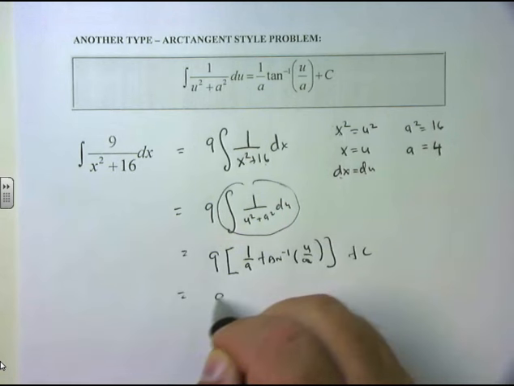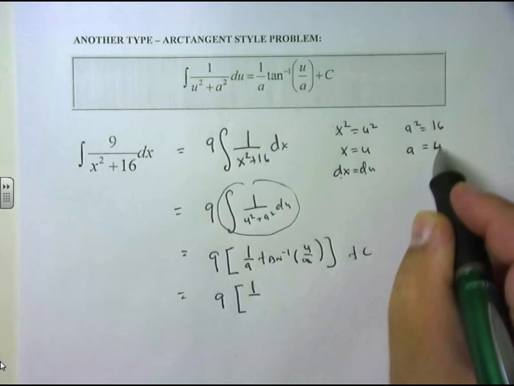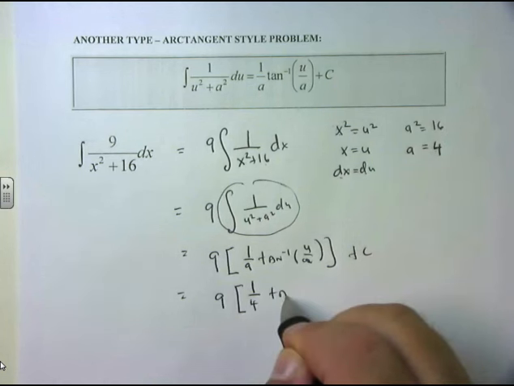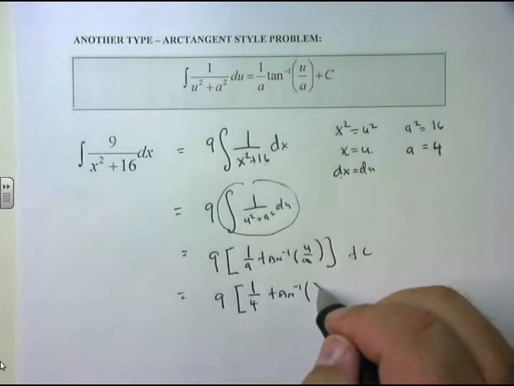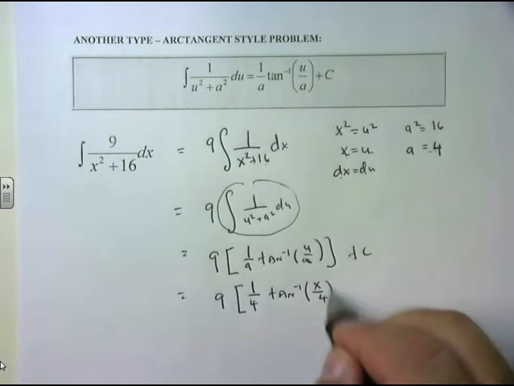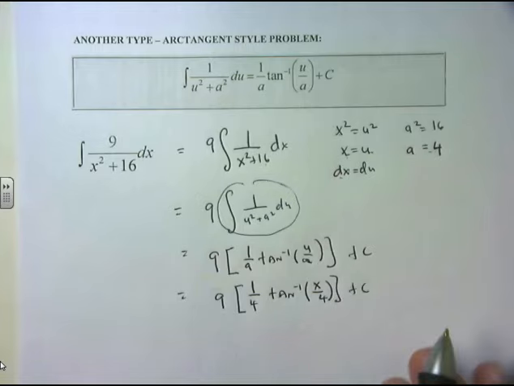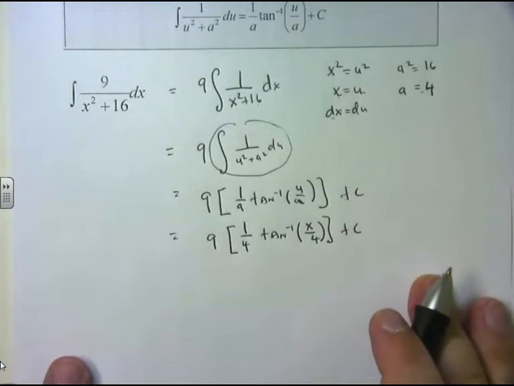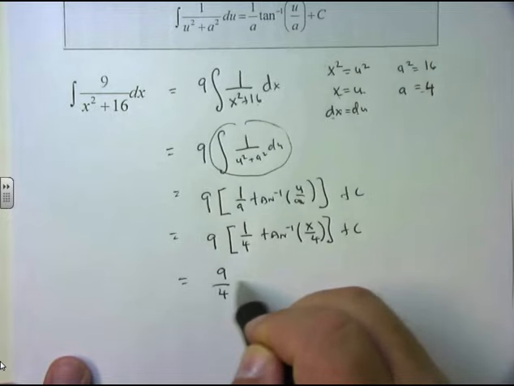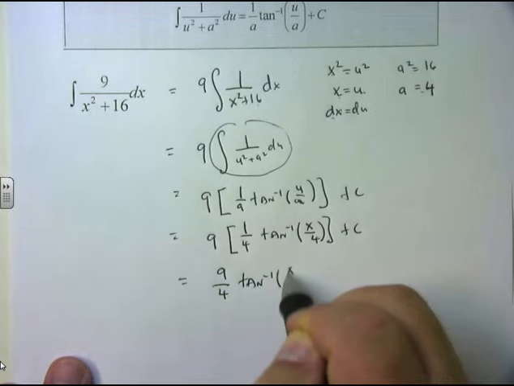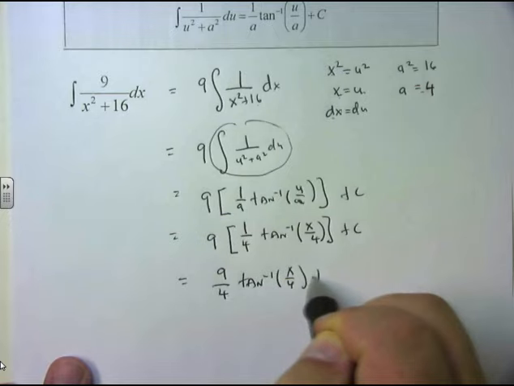So this is 9 times 1 over a is 4. Tangent inverse of u, and u is equal to x over a is 4, plus c, and then all you got to do now is just make it look good. 9 times 1 over 4 is 9/4. Tangent inverse or arctangent of x over 4 plus c.